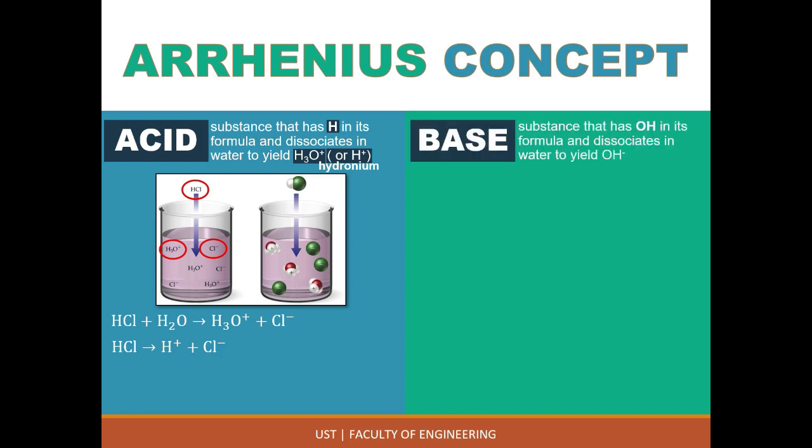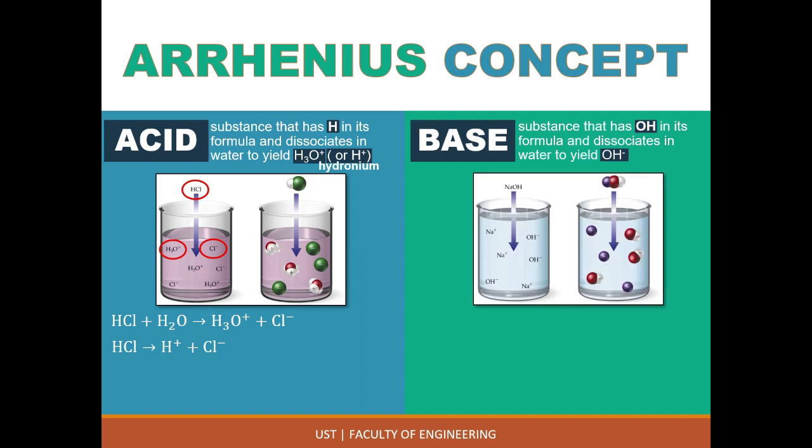While bases are substances that have OH in their formula and dissociate in water to yield OH- or hydroxide ion. As demonstrated here, NaOH, when dissolved in water, produces Na+ and OH-.